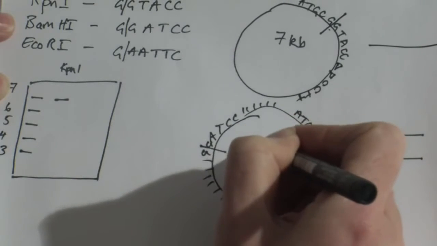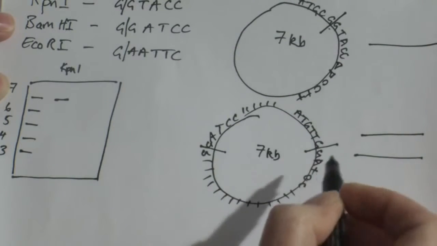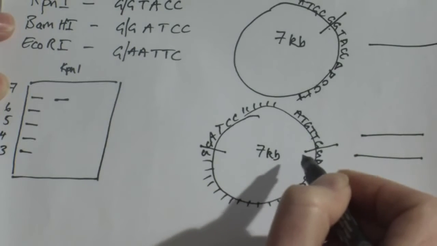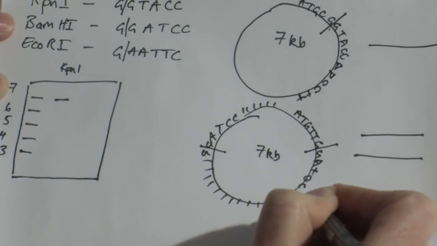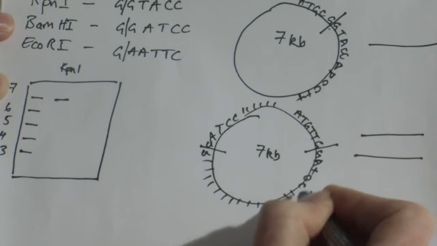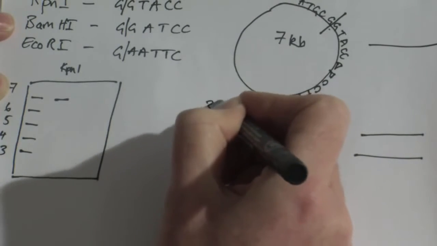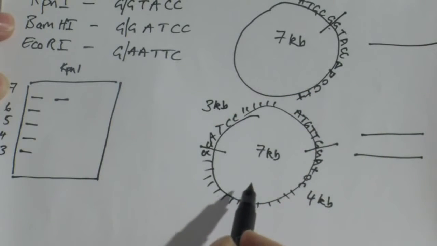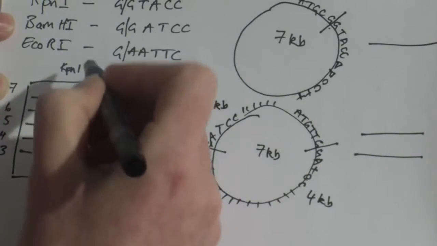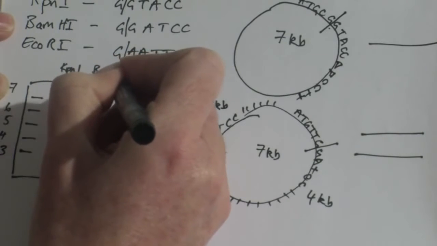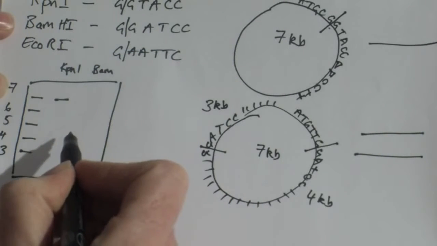My BamHI enzyme cut here, and it cut my plasmid into two fragments. Let's say this one was 4 kb, from here to here is 4 kb, and from here to here was 3 kb. And only when I ran this on an agarose gel would I be able to see that I have actually got two fragments.